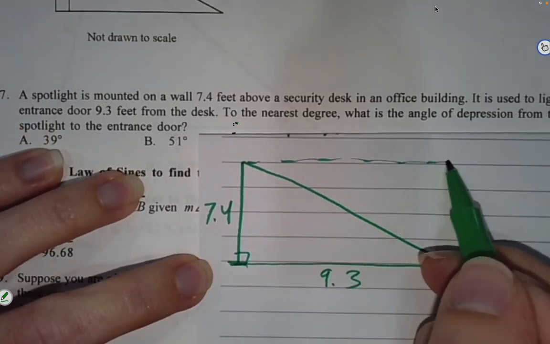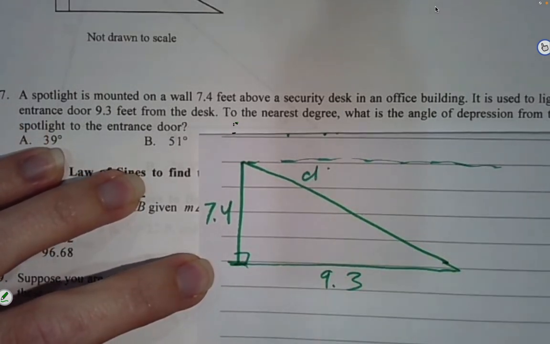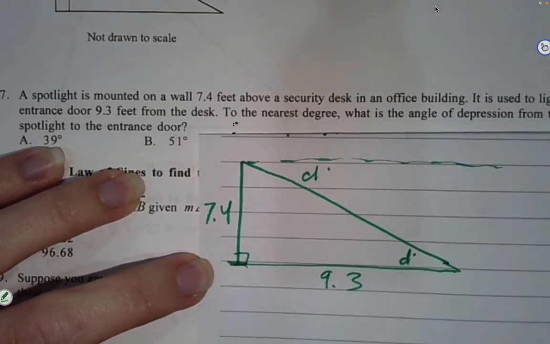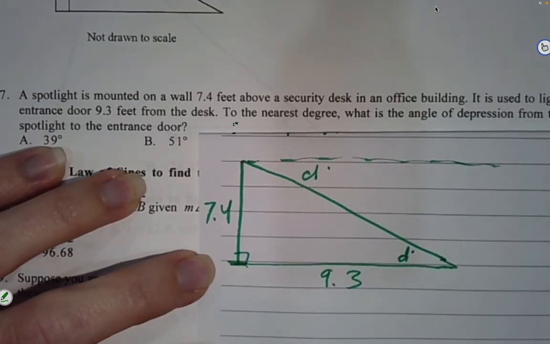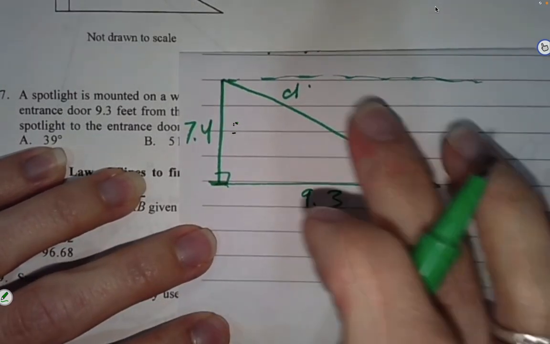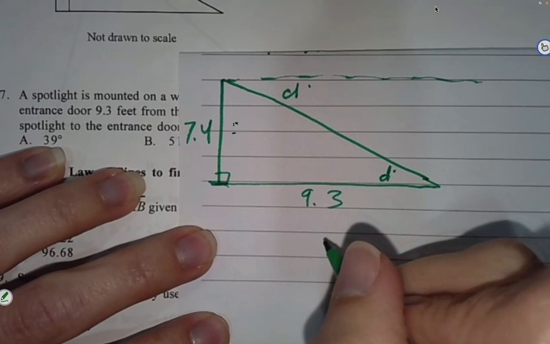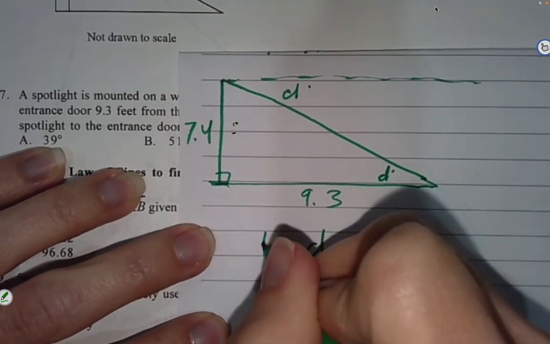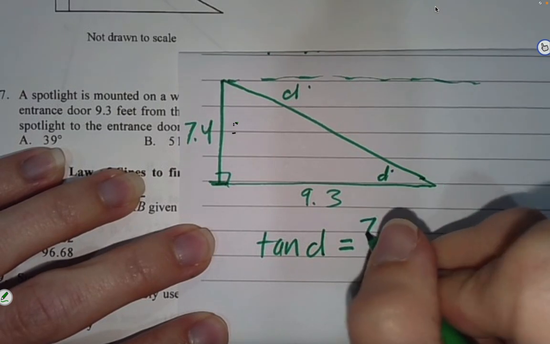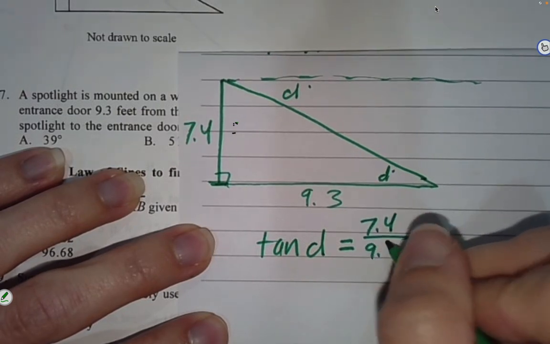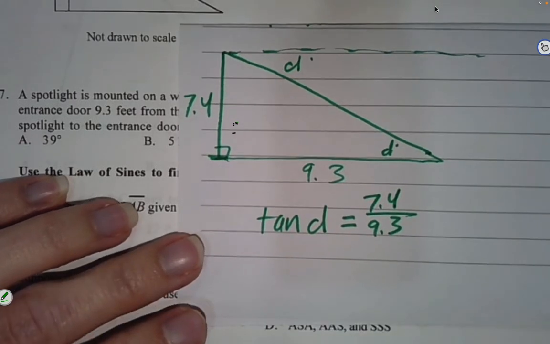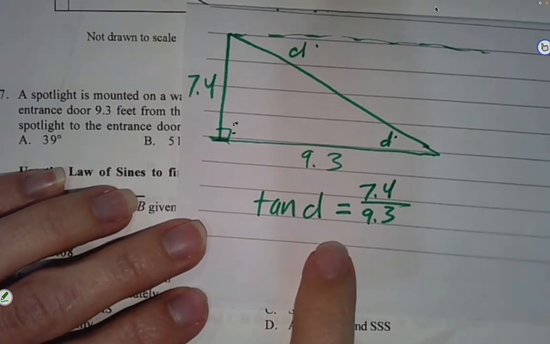So if I'm looking at the angle of depression, I'm going to call it D. What's the same thing as that? This is. So then we have to see what trig function it is. So it's opposite over adjacent. So that's tangent. The tangent of D equals opposite over adjacent. And again, when you're looking for your angle, it's like those other problems.